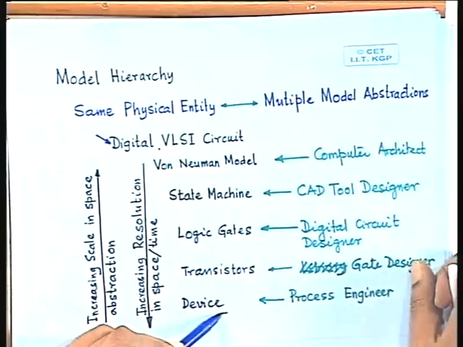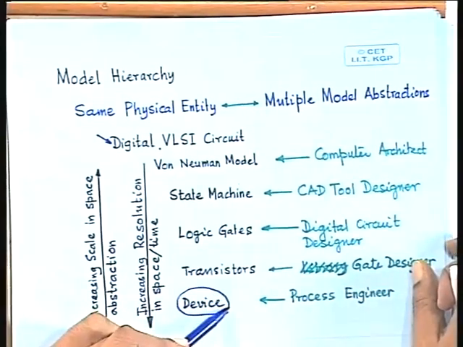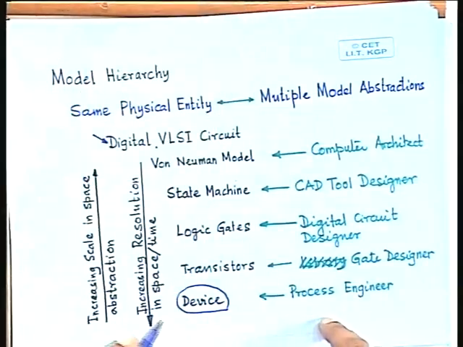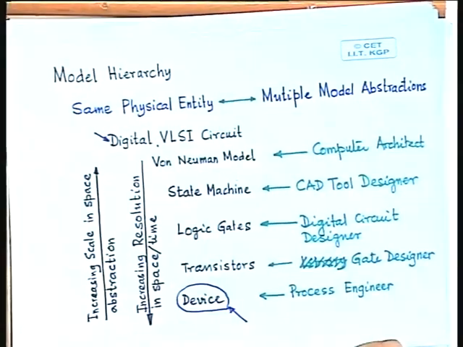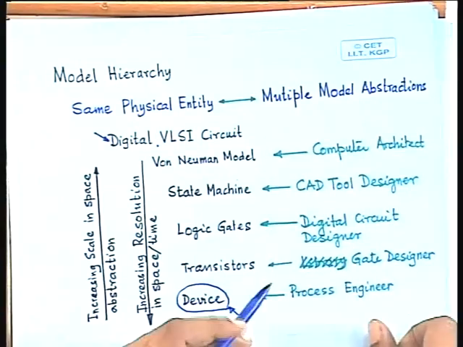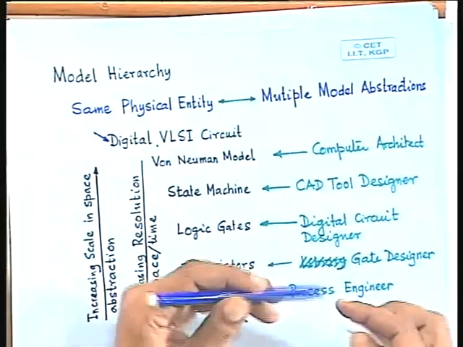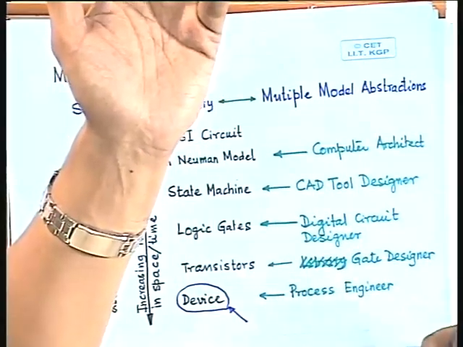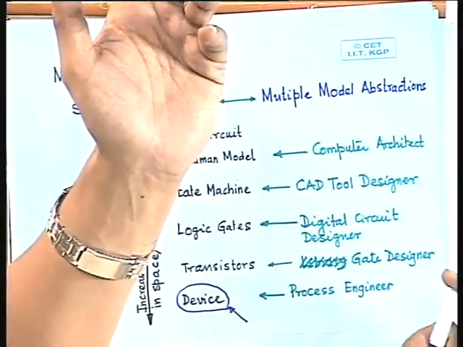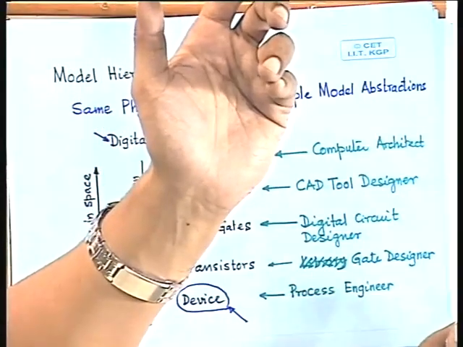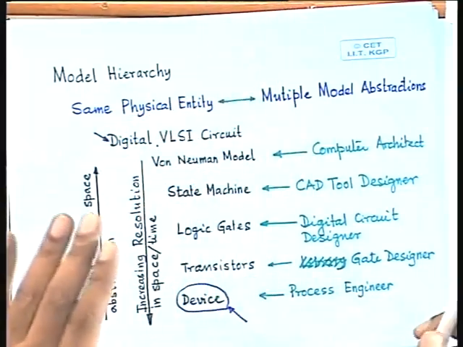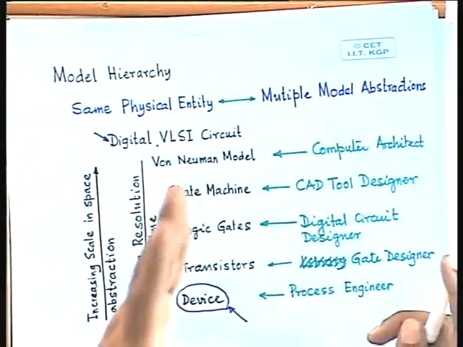For example, the person who is designing the semiconductor manufacturing process all the time looks at it like this. On the other hand, when you design a digital circuit, you don't bother whether it's made of transistors, do you? You are only bothered with its truth table. But the person who has designed the gate had to bother about the transition time, how fast it rises.